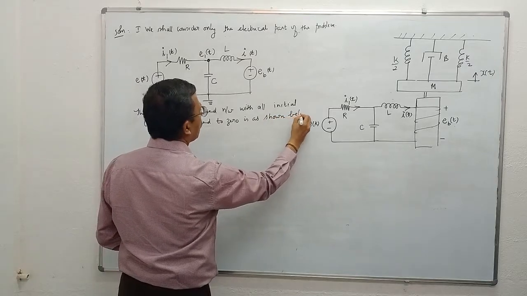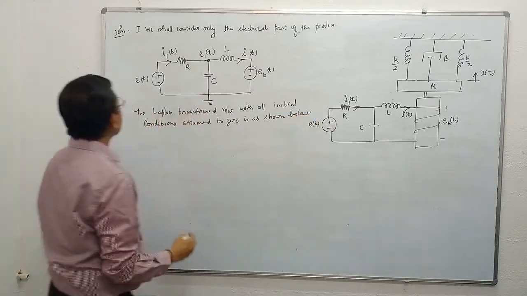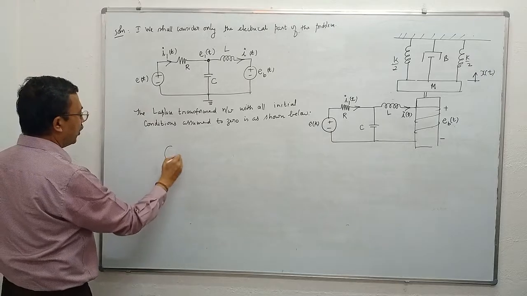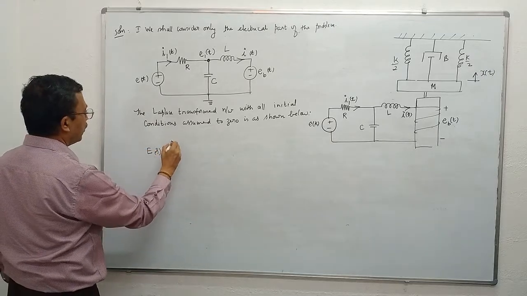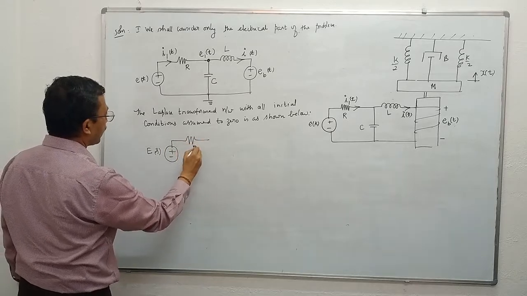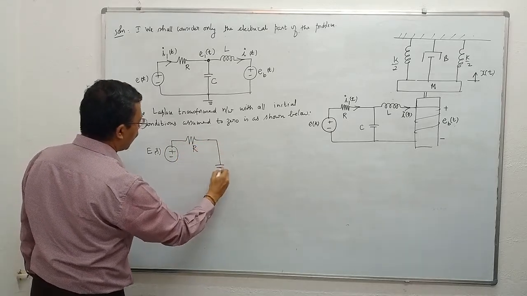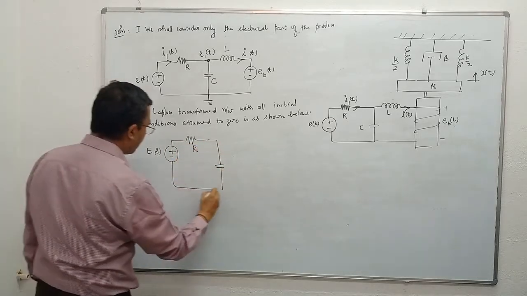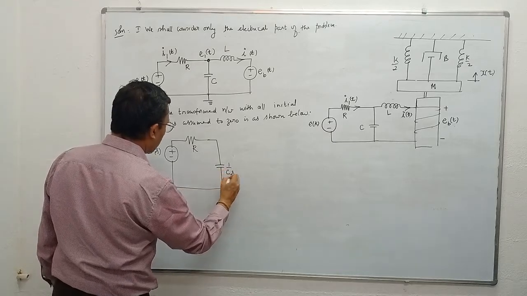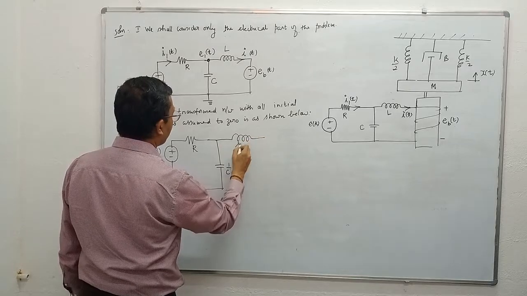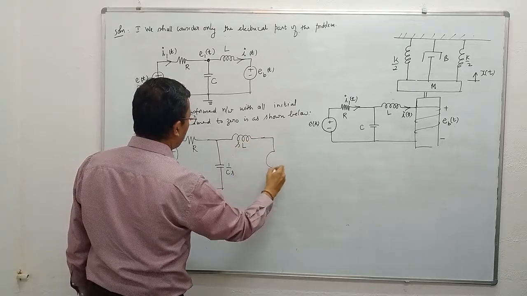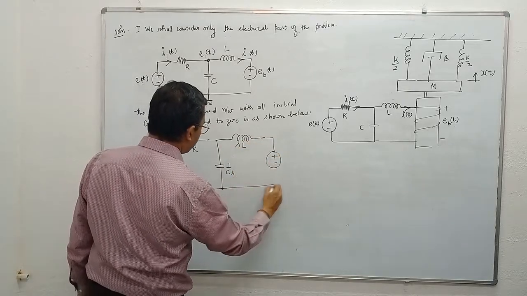E(t) will become E(s). Resistance will remain as it is. C will become 1/Cs. L will become sL. Eb(t) will become Eb(s).